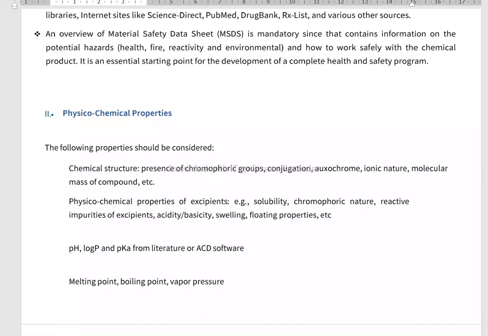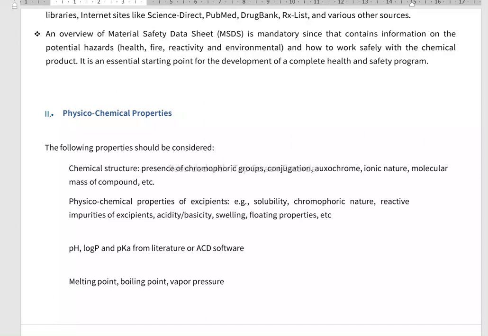The physicochemical properties of your excipients also you should know before starting the method development. Examples of physicochemical properties of excipients you should know are solubility, chromatographic nature, reactive impurities of the excipient, acidity, basicity, swelling, floating property, etc. You should also know about the pH, log P, and pKa from the literature or ACD software, or sometimes you also use ChemDraw for searching these physicochemical properties based on the structure of the molecule.